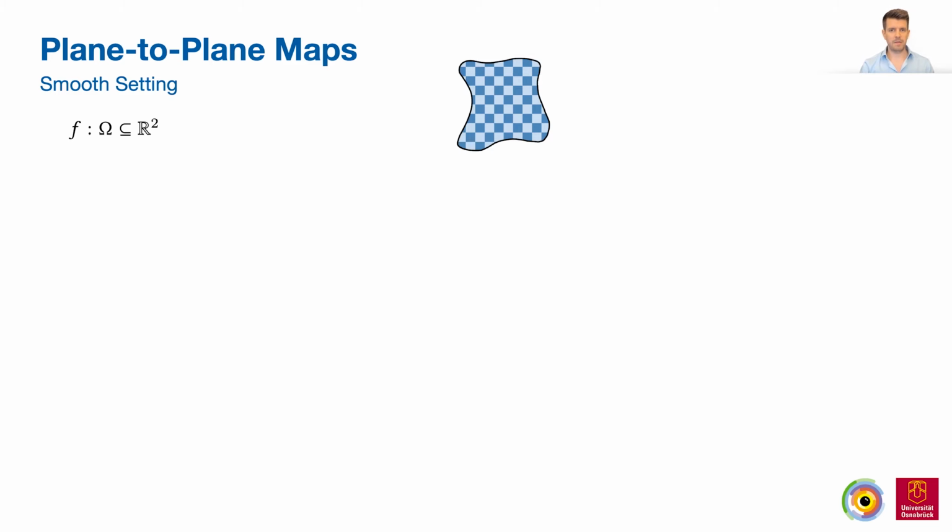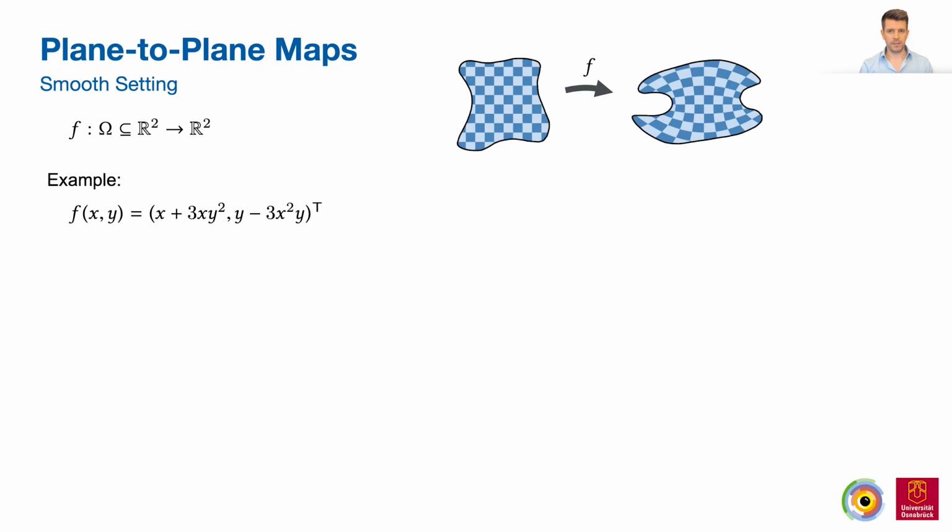A plane-to-plane map F then takes points from this domain and maps them again to the plane, possibly to some other region of the plane, F of omega. An example of such a map would be this one here, which in this case can be quite compactly represented analytically in this form. Such a map can have various properties that will be relevant in the following.